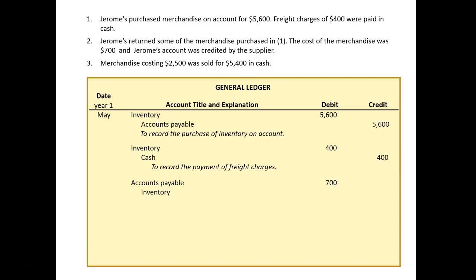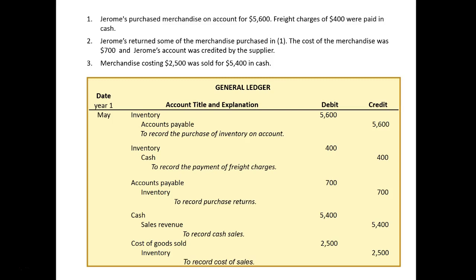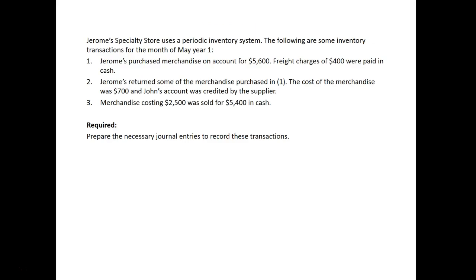So we'll debit our accounts payable and credit our inventory. And then, as far as selling products, we debit our cash for the amount, $5,400. We credit our sales revenue. We also have to debit the cost of goods sold of $2,500 and credit our inventory to show those goods were sold.